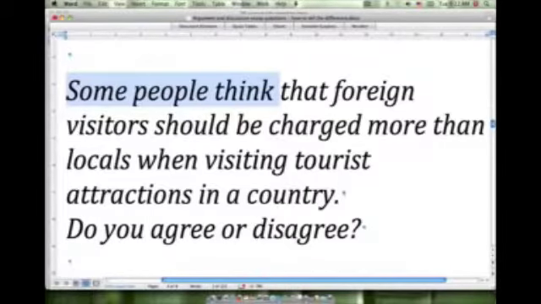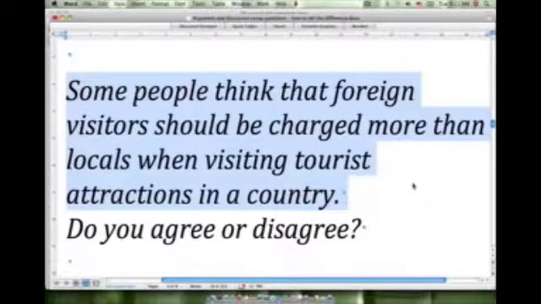Basically, this entire first section is just showing us an opinion, and it's not instructing us to do anything. So the sentence, some people think that foreign visitors should be charged more than locals when visiting tourist attractions in a country, is not really telling us to write an argument essay or to write a discussion essay or to analyze anything or to discuss both points of view or to support anything or to refute anything.